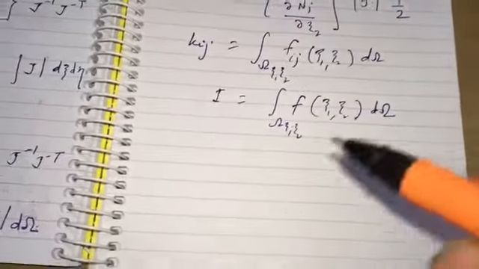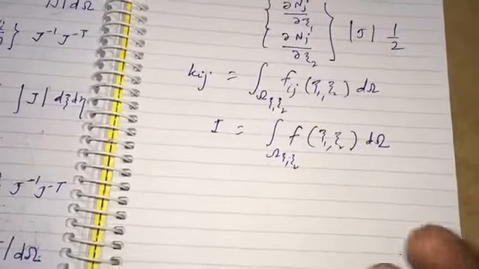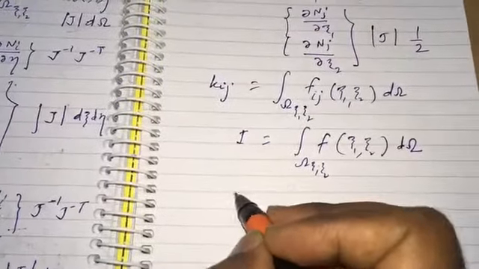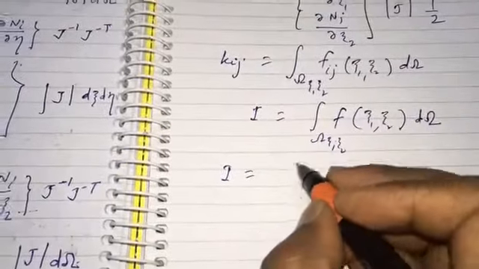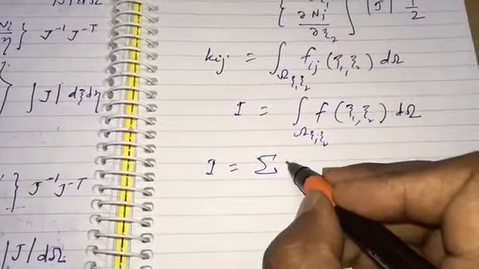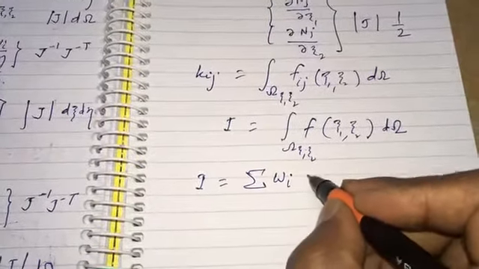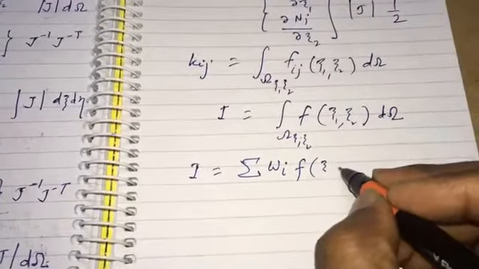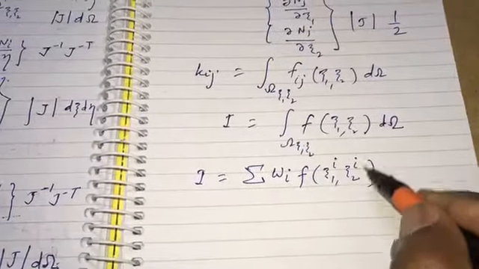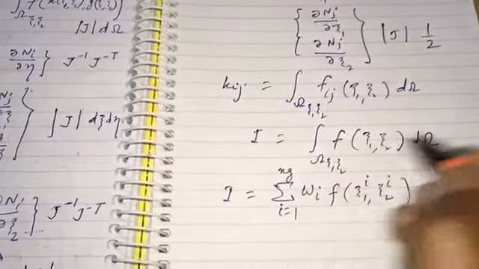We can again use the same principle as the Gauss quadrature formula, however for the triangular system it has a different form. In the triangular coordinate system, I will be given by, similar to earlier, the sum over i of W_i, the weightage, times the function f evaluated at the ith ξ1, ith ξ2, with i equal to 1 to the number of Gauss points.